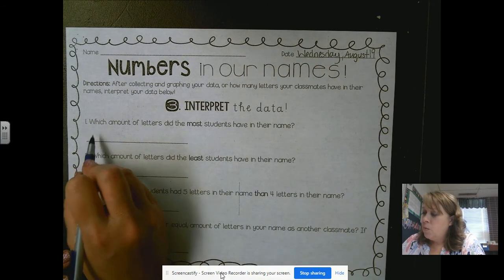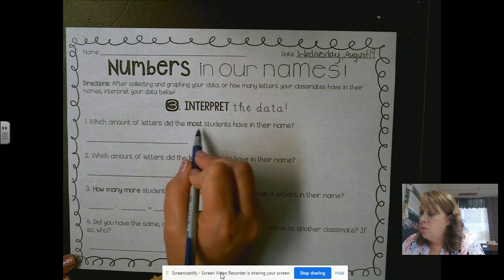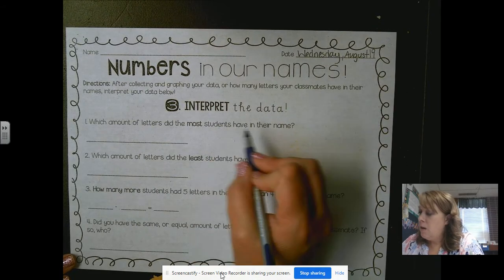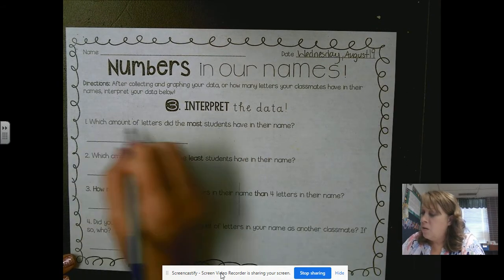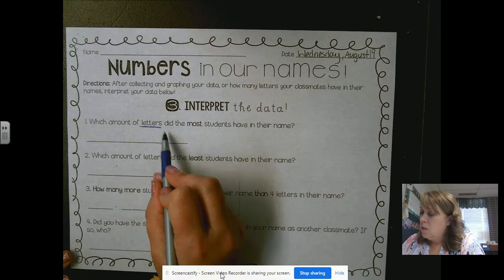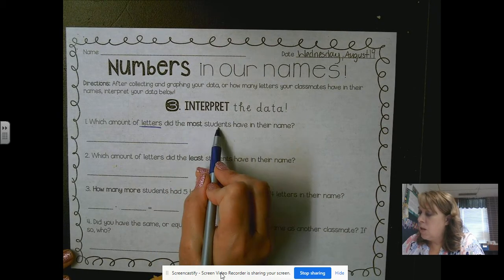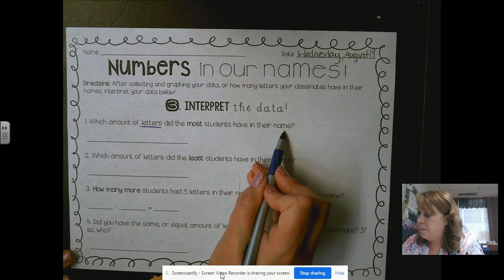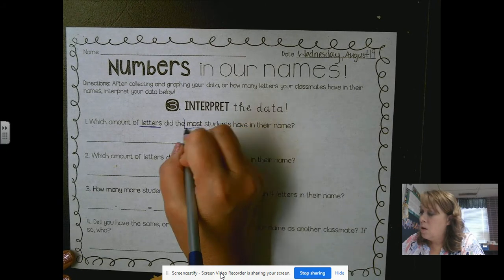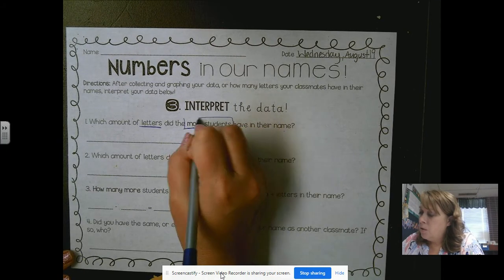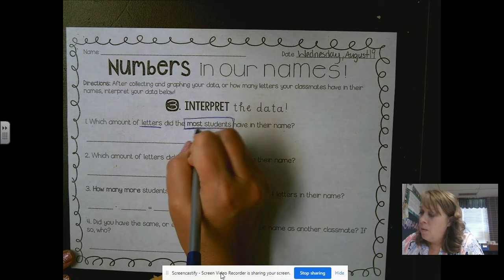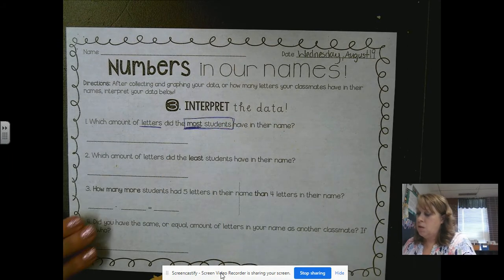So number 1 says, which amount of letters did the most students have in their name? So we're looking for most students. So how many letters did most students have?